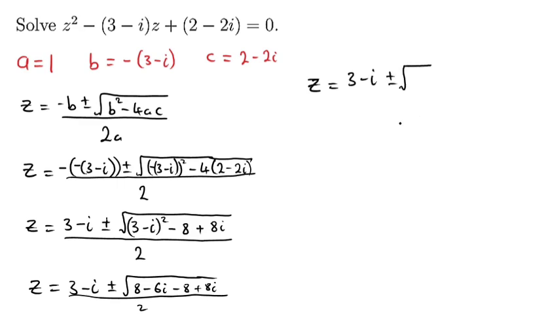So inside the square root there, we have 8 minus 8, which will be a 0. So this 8 and this 8 cancel out, we'll get a 0. So the only thing we'll remain with is negative 6i plus 8i, and that will give us 2i. This is over 2.